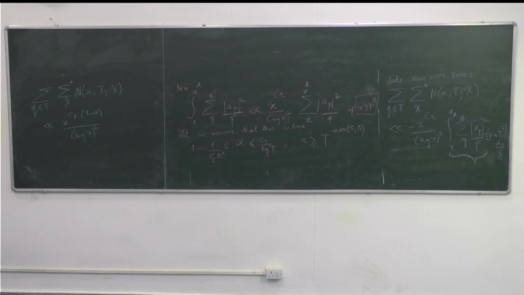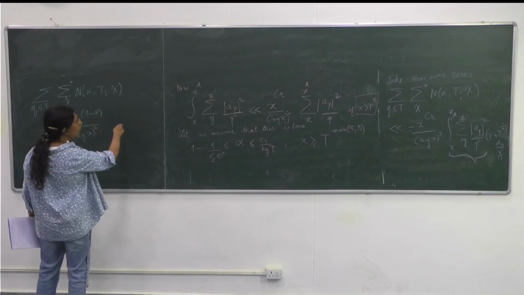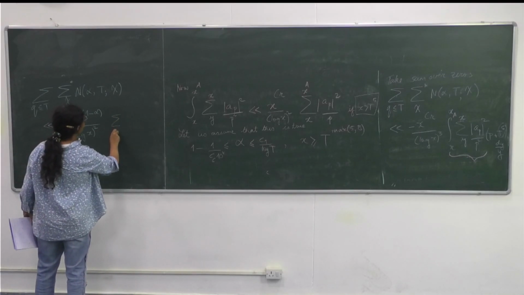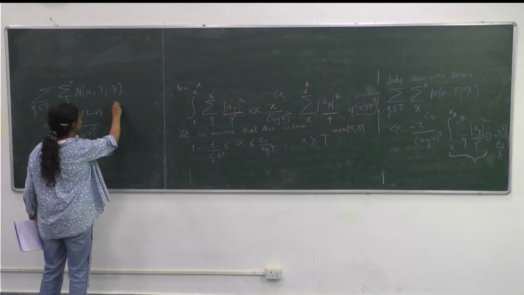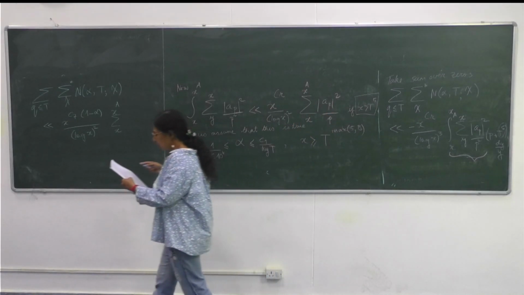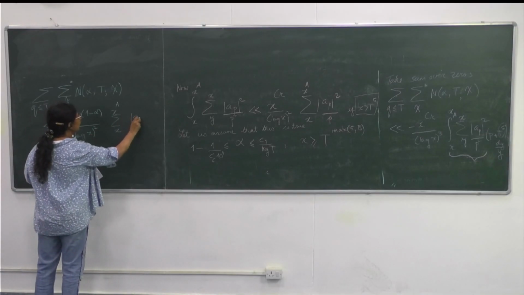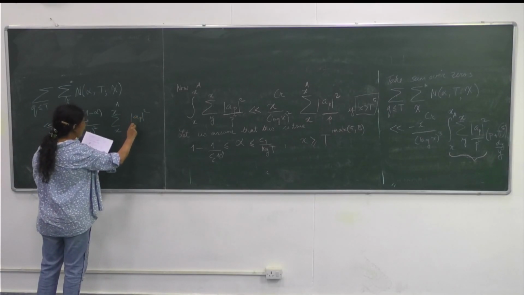All right, and then the new one, this new summation, which is between x and x to the power a, and it's this one, yeah, ap square by ap.